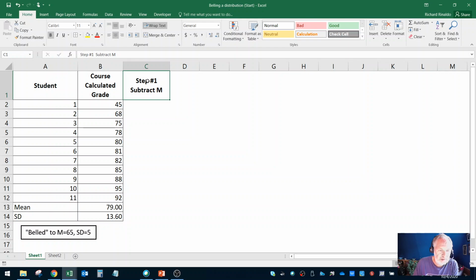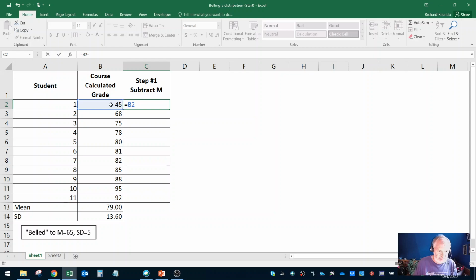Okay, so I'll just fill in here. So I'm going to take each score and I'm going to subtract the mean. Make sure I put the dollar signs around the B13 for the mean so that when I drag that function down to repeat it for all 11 students, the reference always sticks to B13.